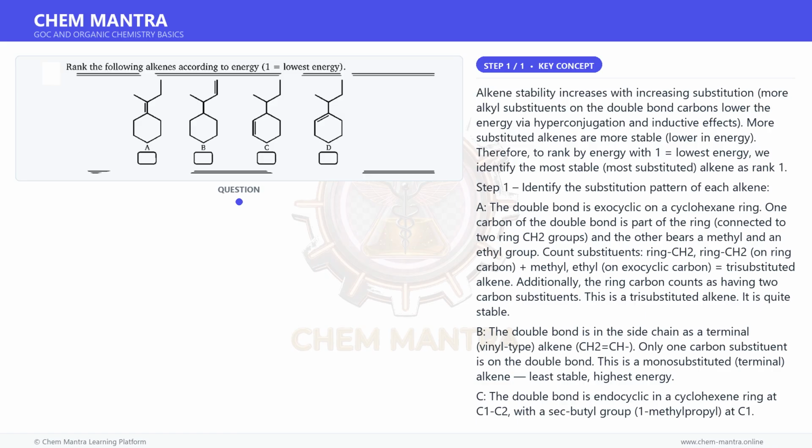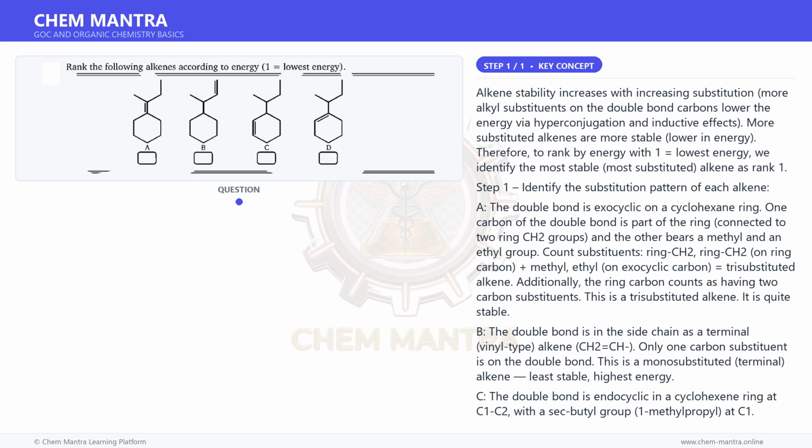However, compared to the exact count, C1 of the ring double bond bears sec-butyl plus the adjacent ring carbon on the other side of the ring and C2 bears two ring carbons. This is trisubstituted.